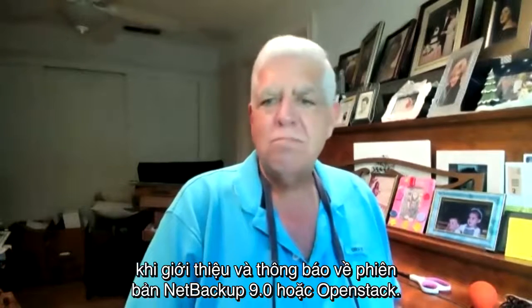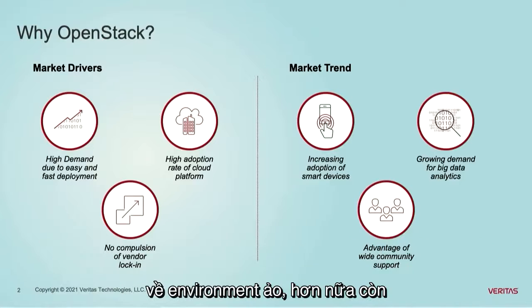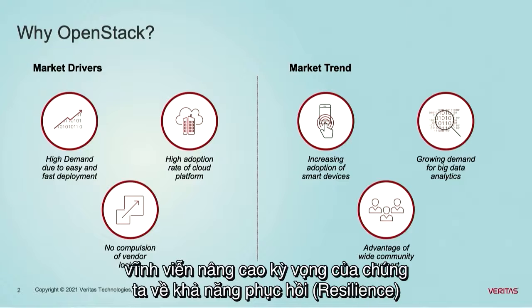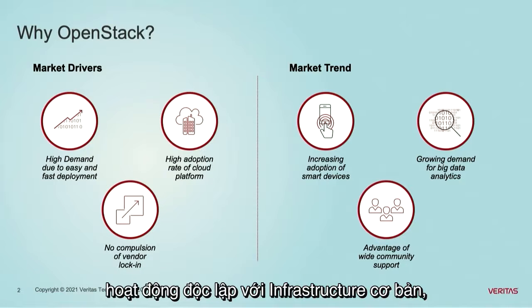So why OpenStack? The rise of cloud environments has shifted the way we think about virtual environments, permanently raising the bar on our expectations for resiliency. In the cloud, distributed applications are responsible for all their own resiliency and are independent of the underlying infrastructure.